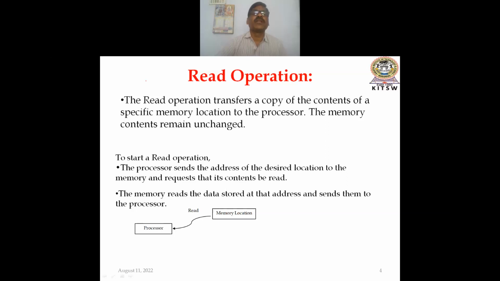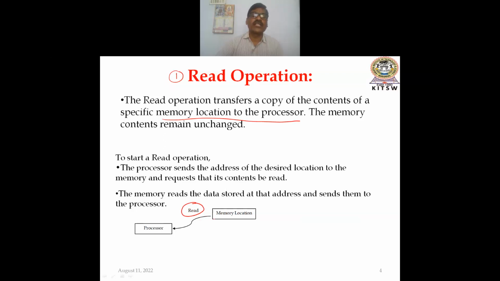Now, how will the read operation be performed by the processor? The purpose of the read operation is to transfer the contents of a particular memory location to the processor, either to a processor register or to an operand available in the processor. So when you want to transfer data from the memory location to the processor, we use a read operation.